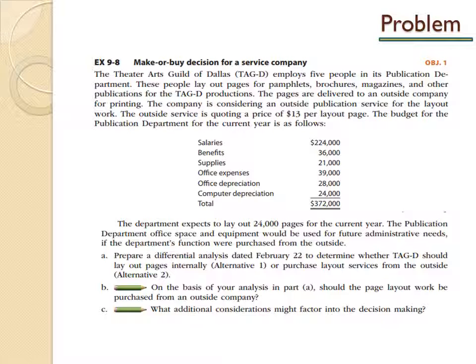So our requirement is to prepare a differential analysis dated February 22 to determine whether TAGD should lay out pages internally or should they purchase layout services from the outside. And another question is, on the basis of your analysis in Part A, should the page layout work be purchased from an outside company? And lastly, what additional considerations might factor into the decision making?